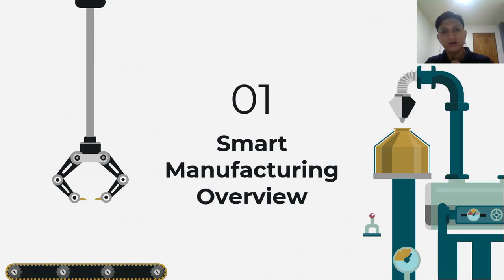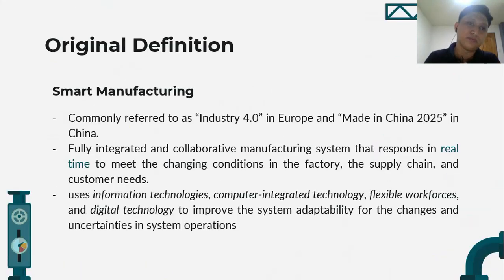Smart manufacturing overview. Smart manufacturing, or commonly referred to as Industry 4.0 in Europe and Made in China 2025 in China. This is a fully integrated and collaborative manufacturing system that responds in real time to meet the changing conditions in the factory, supply chain, and customer needs.